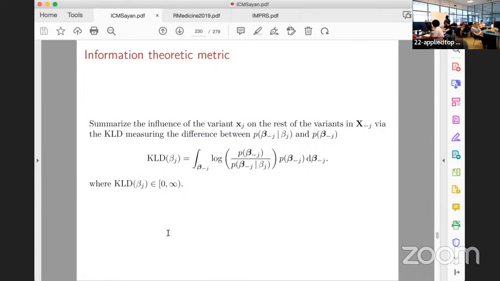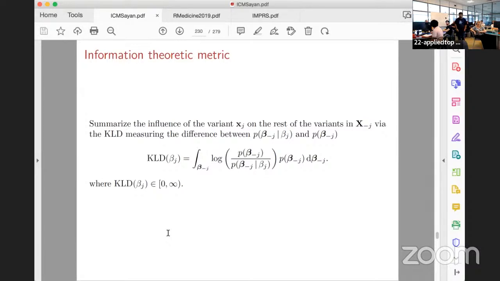I can take these. You know what? I'll make an assumption, which is probably not true, but I'll assume they're normal. Just assume that all these betas are normal. And so now I can think of a distribution on betas as multivariate normal. It's going to be some mu and some sigma. Is that okay?